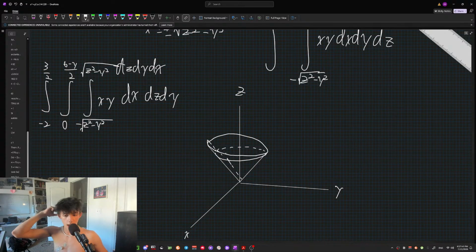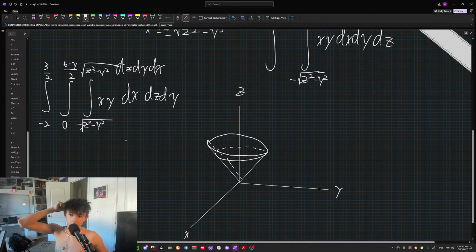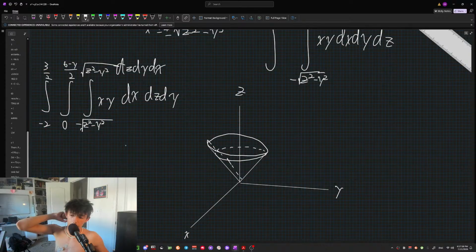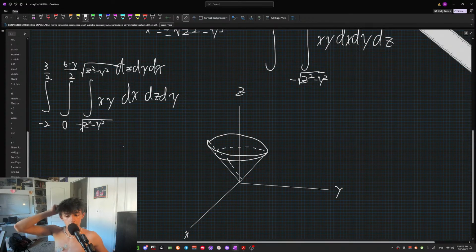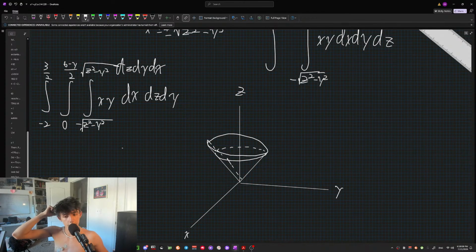So this is what we got. This is x. It has to be in between z squared minus y squared, which it is. I don't think there's ever a point where it deviates from that, so we're good there.